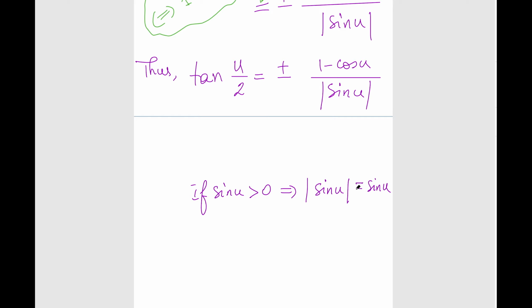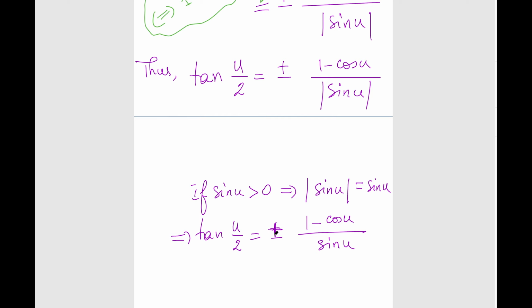The absolute value is not doing anything anymore because the sine of u is positive. So as such, tangent of u over 2 becomes plus or minus, to be determined, 1 minus cosine of u divided by sine of u, right?